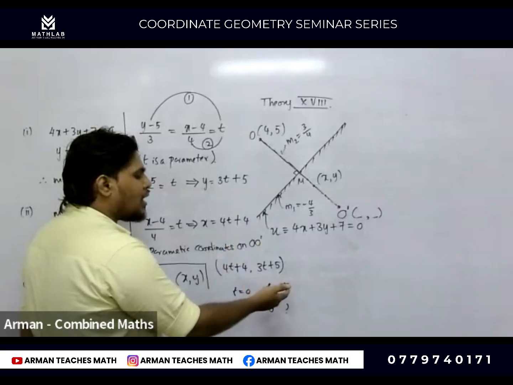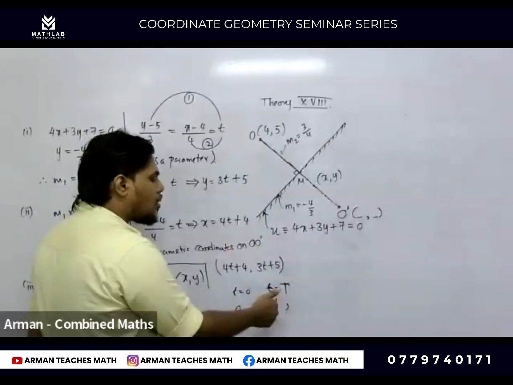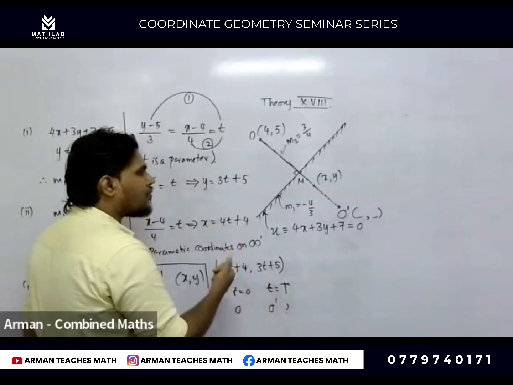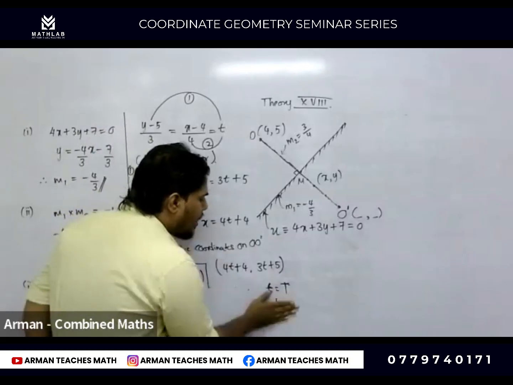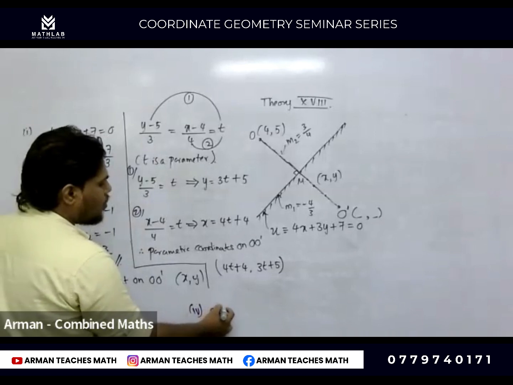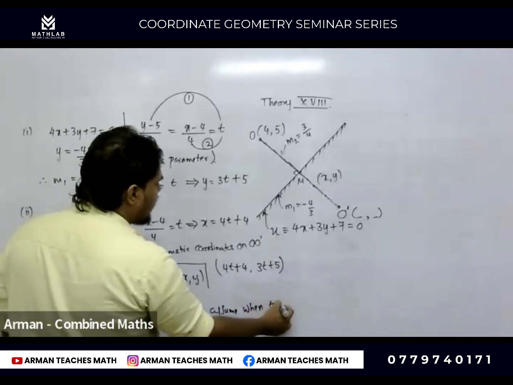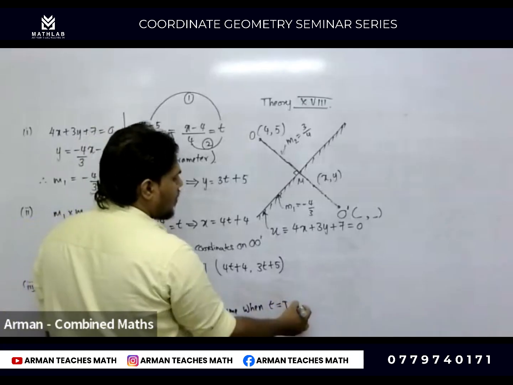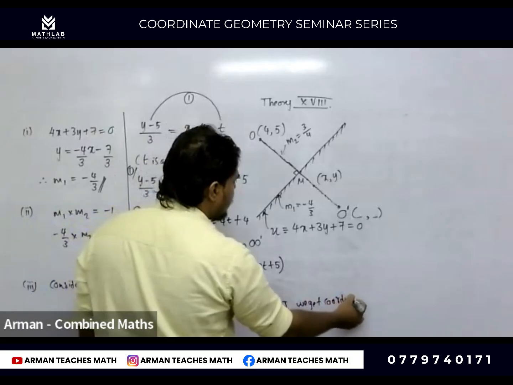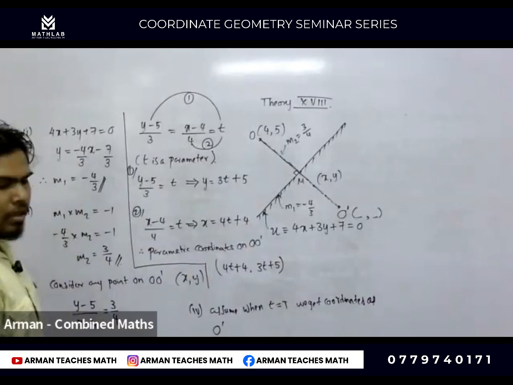When t gets a specific value, the coordinate corresponding to that value is O dash. That specific value for this O dash we have to find. So my assumption for the fourth question is: assume when simple t equals capital T, we get the coordinates of O dash.